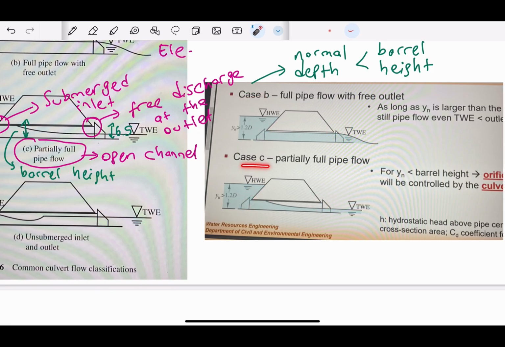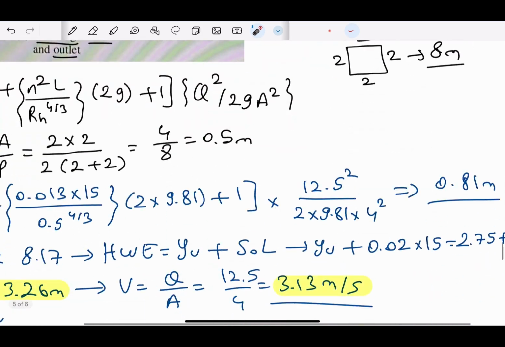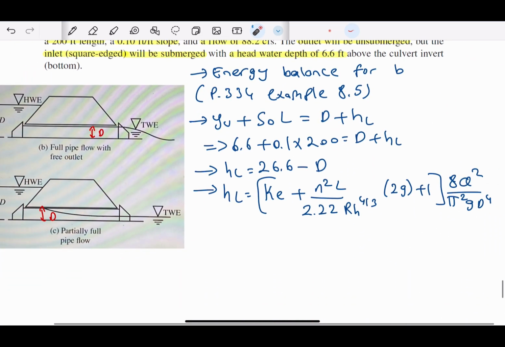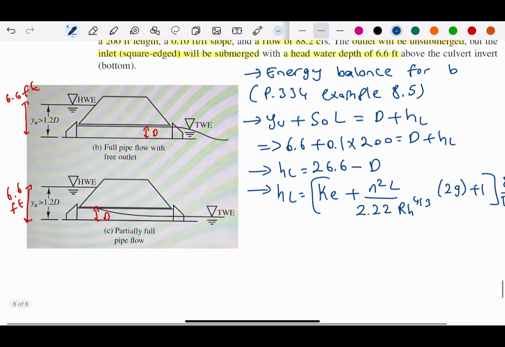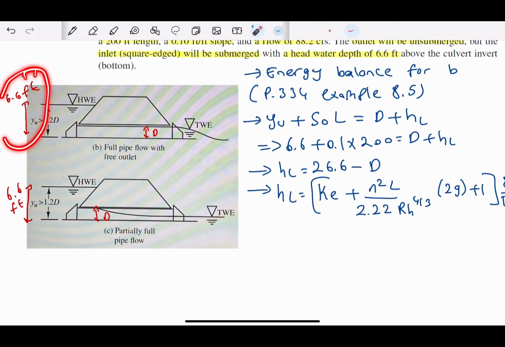So it is either B or C. We will try both of these flow classes, and then we will select between them. Here the headwater depth is 6.6 feet, and we have this hydraulic diameter. So for B, if we write energy balance, and if you also check page 334, example 8.5, it is very related to this question, so you can see more details.